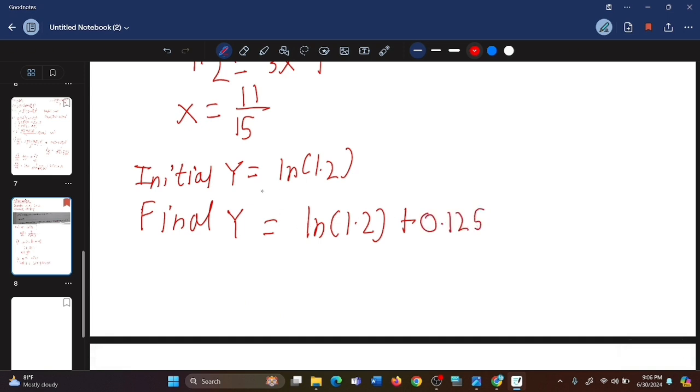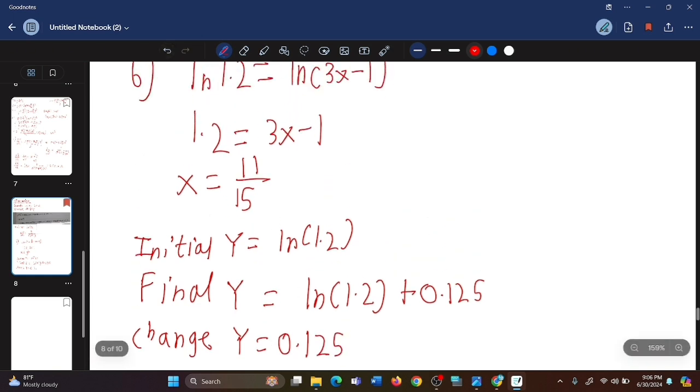So from this information we can easily say that the change in y is actually 0.125, because if we subtract final y minus initial y, we eventually get 0.125. So the approximate change in y is 0.125.